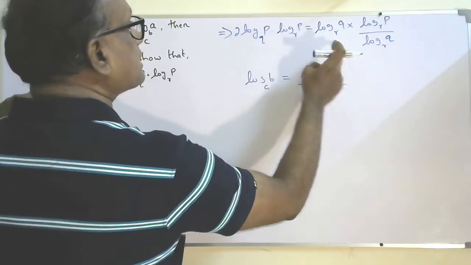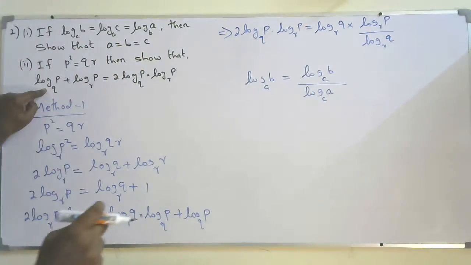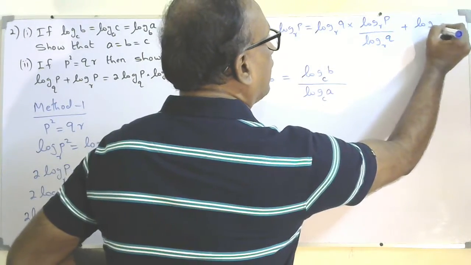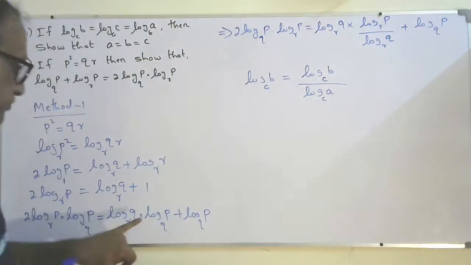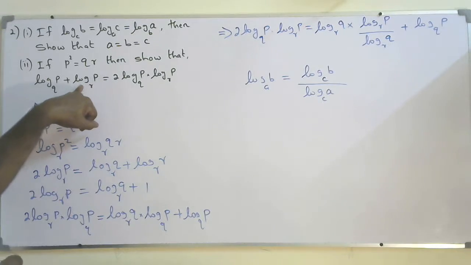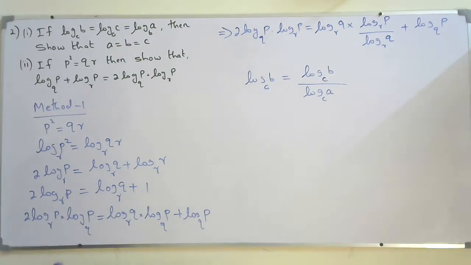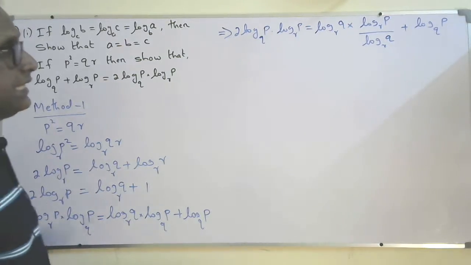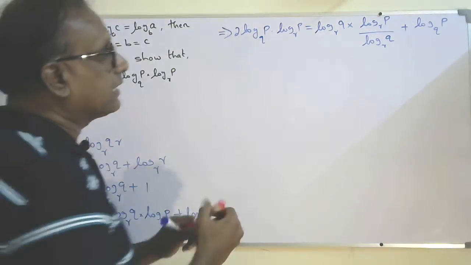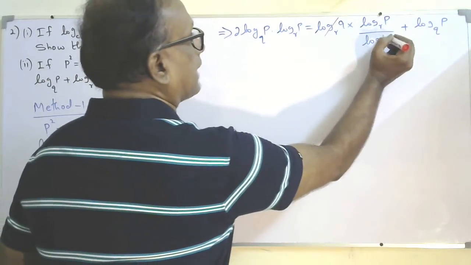Log Q of P is already there on the right side, plus log Q of P is already there. The only thing is I want to convert this part to R of P, because R of P is given in the question, but I don't have that. If I continue like this, you can see that log R of Q and log R of Q will get cancelled.